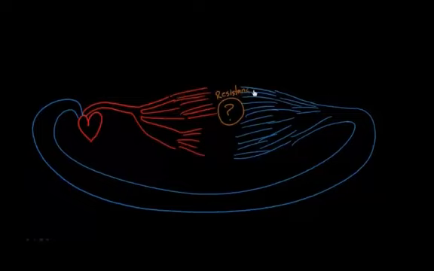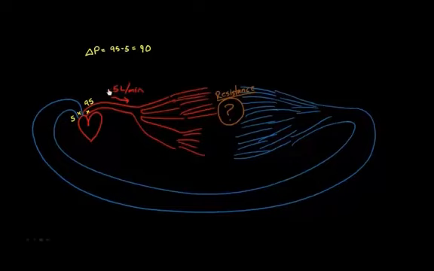So if I have a system drawn out for myself, and I happen to know that here I said 95, and here I said the pressure was 5, then delta P equals 95 minus 5, which is 90. And I know that there are 5 liters of blood flowing through per minute.